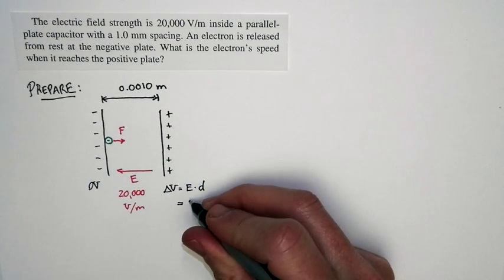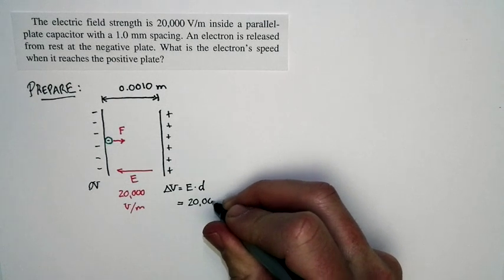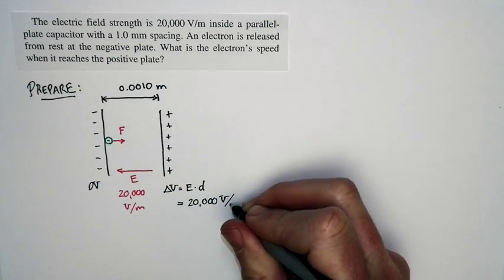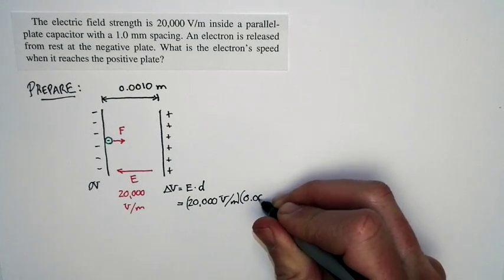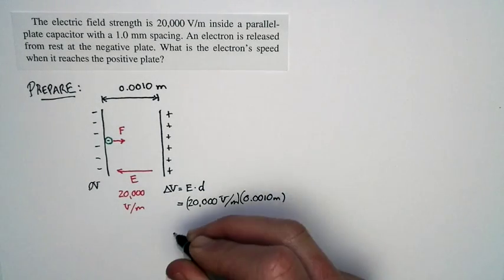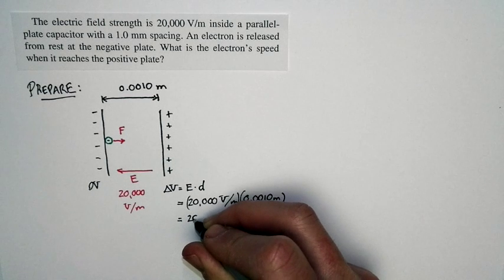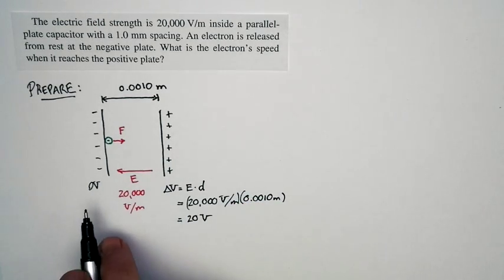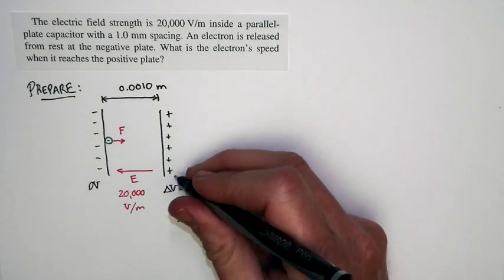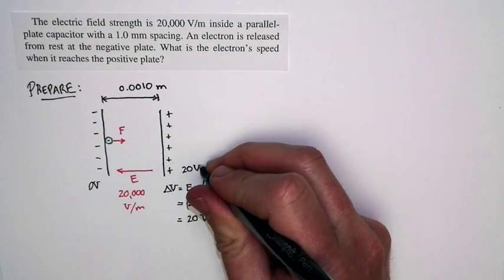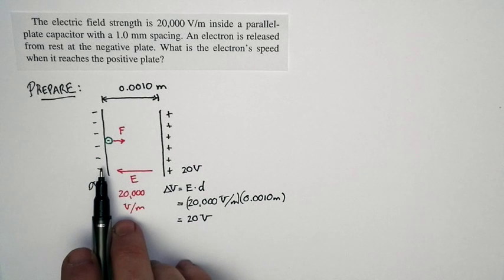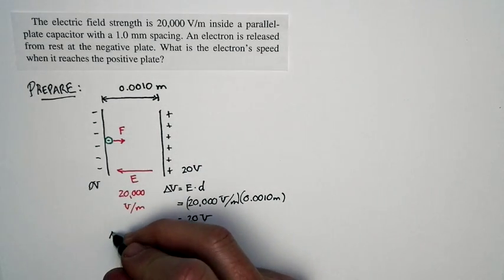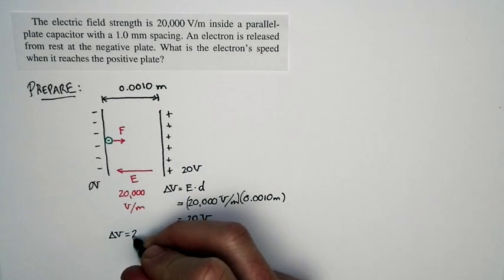So the difference in potential is just 20,000 volts per meter times the distance of 0.0010 meters, and so I get a difference in potential of 20 volts. So if it's 0 volts at this plate, it's 20 volts at this plate. And so the electron has gone from 0 volts to 20 volts. It's accelerated through a potential difference of 20 volts.